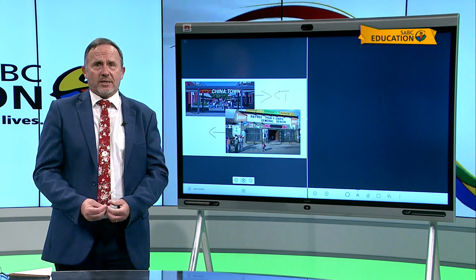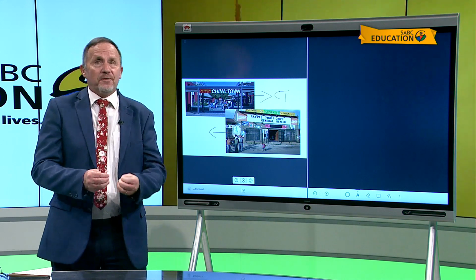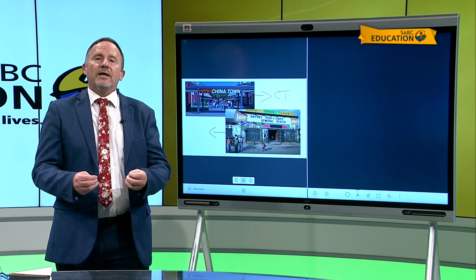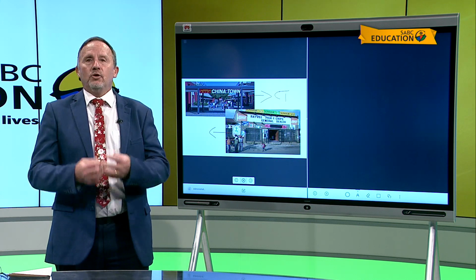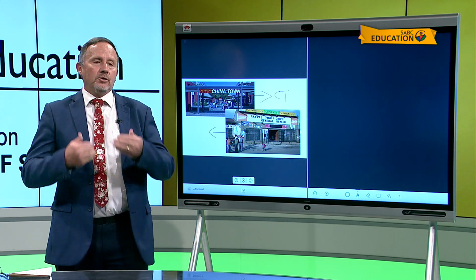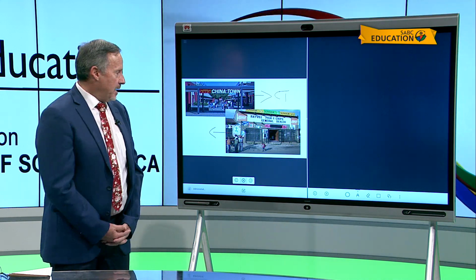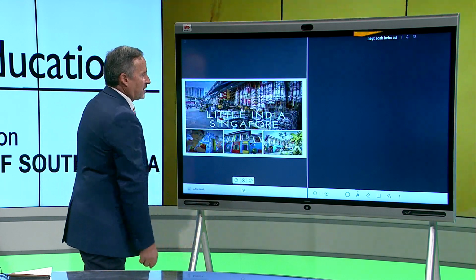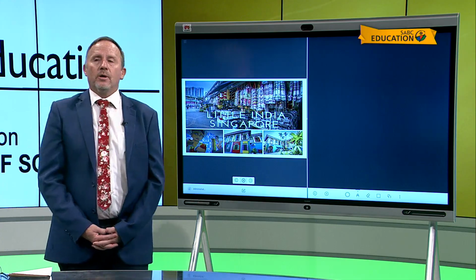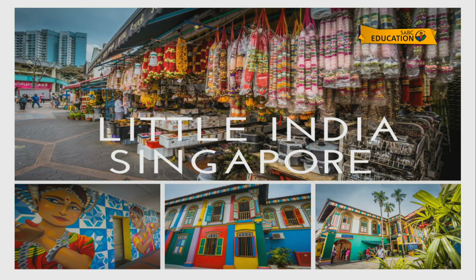So a siting choice, although not a physical reason, this one, you'll find across the world. In New York, there's a Chinatown. In New York, there's a Little Italy. And a place that I've visited in Singapore has actually become quite a tourist attraction. In Singapore, the people who have left India have set up a pocket, an area where their businesses are thriving.